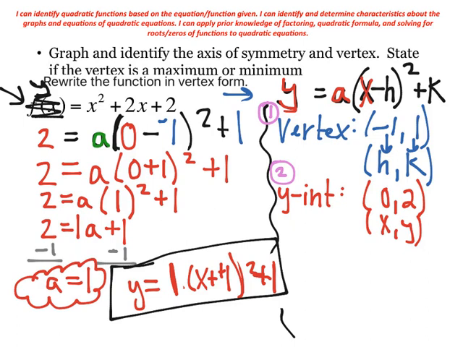You can find both of those by either calculating them algebraically or pulling them off of a graphing calculator. Step 3, plug the vertex and the y-intercept pieces into the vertex formula. Step 4, solve for that a term.